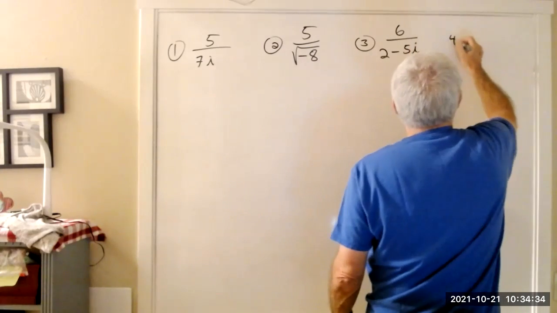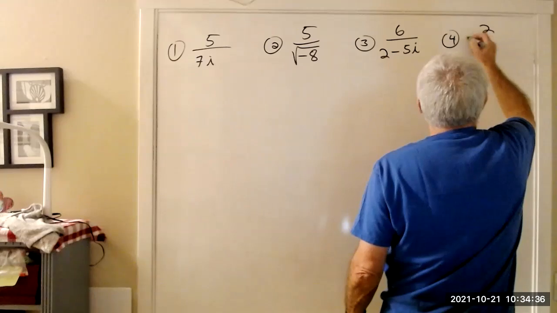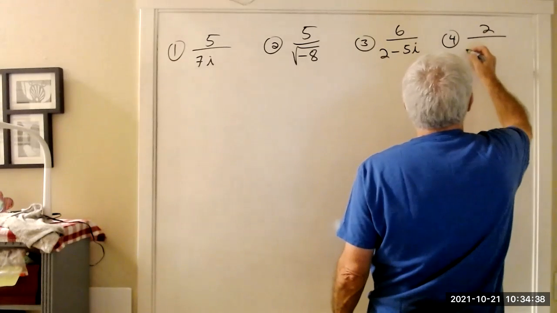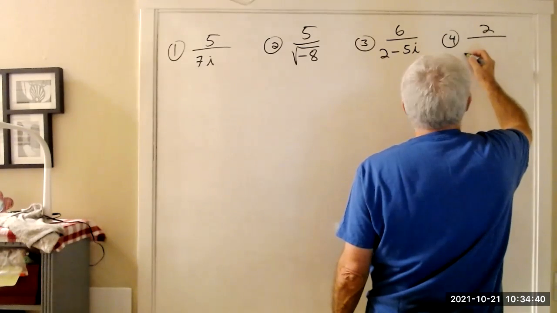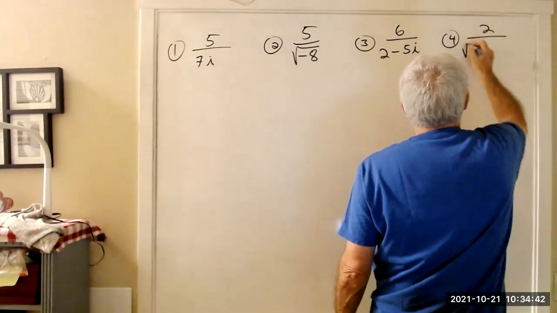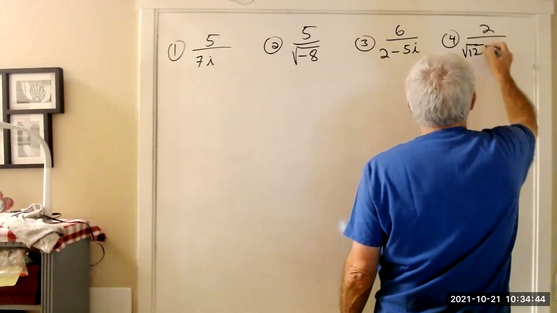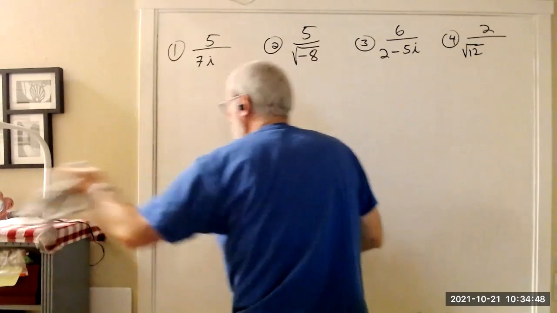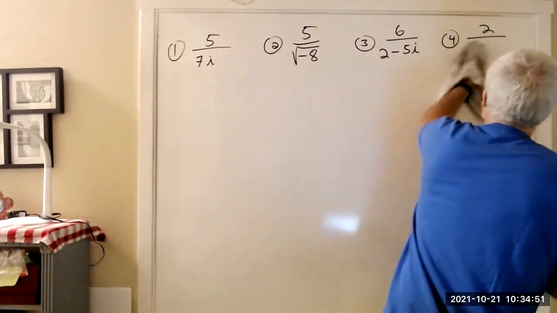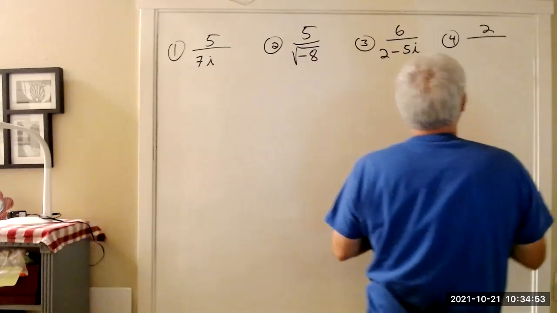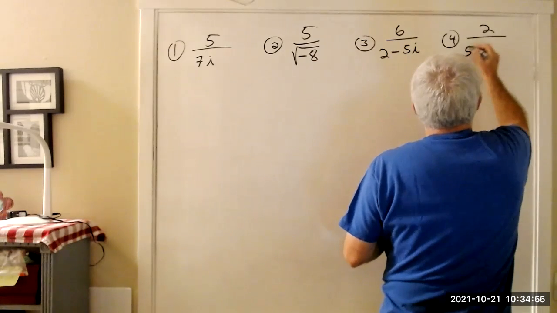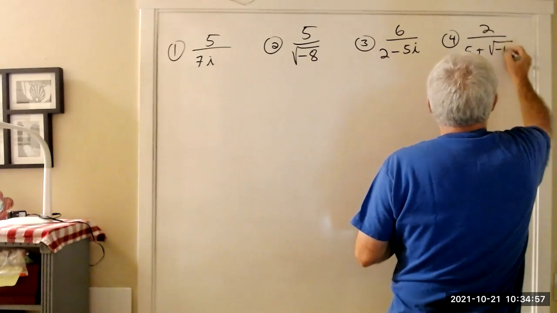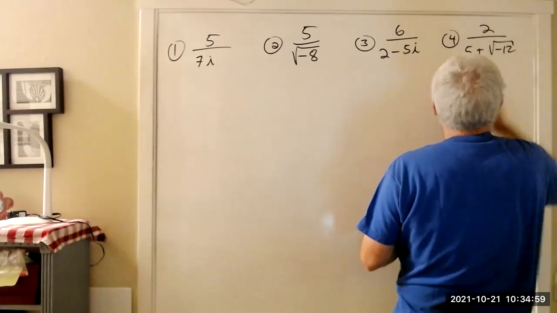And number 4, 2 over the square root of 12. No, wrong. 5 plus the square root of negative 12. Sorry.